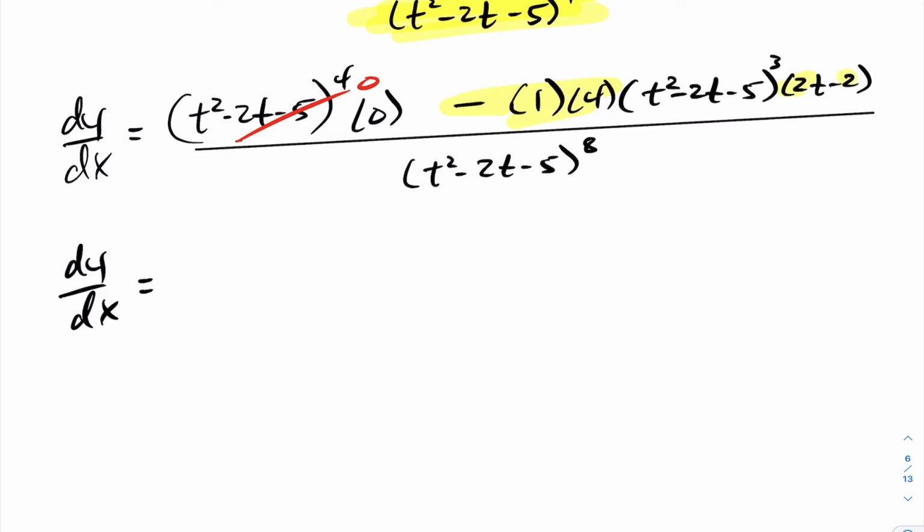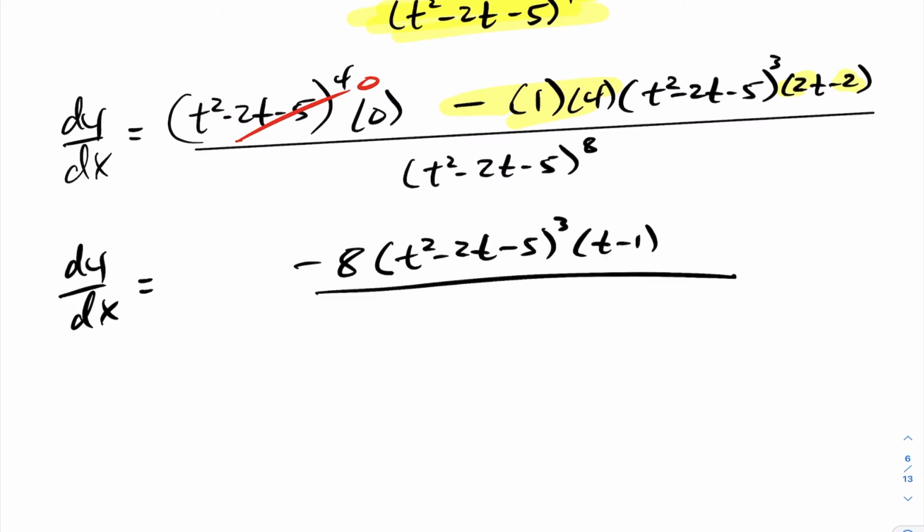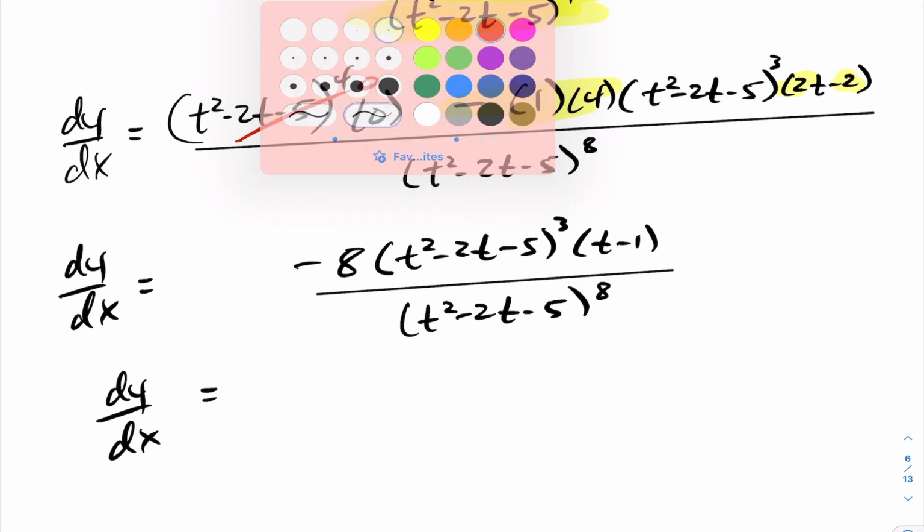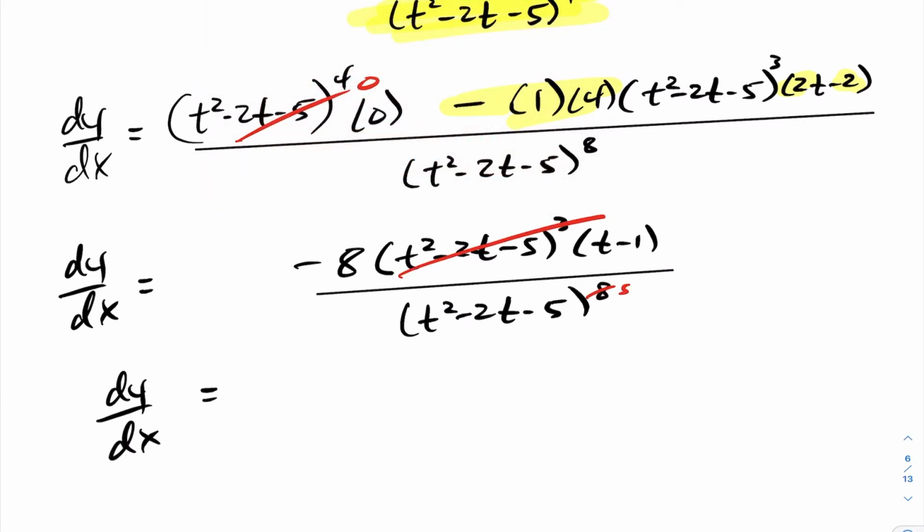I can factor 2 out here, so that's going to end up being negative 8 times (t squared minus 2t minus 5) to the power of 3 times (t minus 1), the entire expression divided by (t squared minus 2t minus 5) to the power of 8. Continuing on, we can see this will cancel and reduce to become a 5, and our derivative is negative 8 times (t minus 1) over (t squared minus 2t minus 5) to the power of 5.